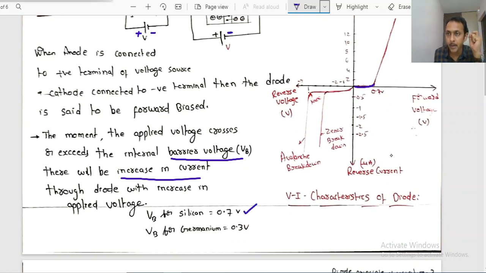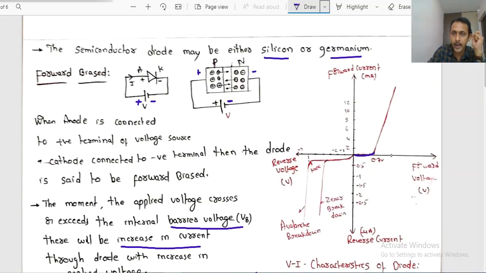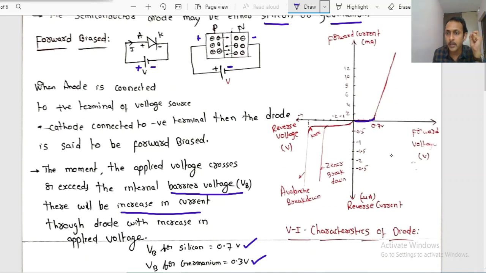If it is germanium, the barrier potential will be 0.3 volts. In this VI characteristics, you can observe that the moment the forward bias voltage has crossed 0.7 volt, there is a sudden rise in the current. It leads to the conduction of the diode. Previously, up to that point, the diode behaves like an open switch. The moment it has crossed, it behaves like a closed switch.